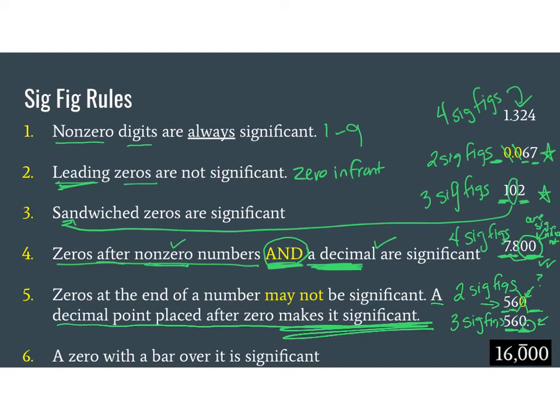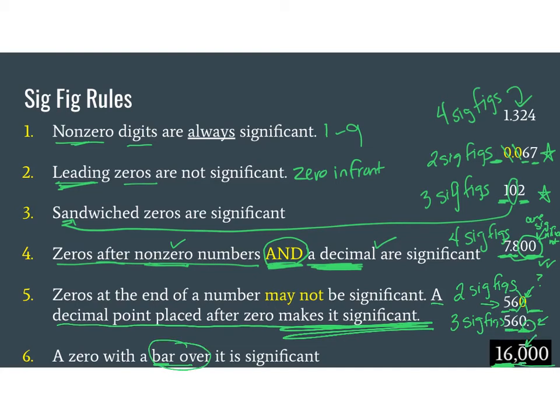Our last rule here is a 0 with a bar over it is significant. So here I have my value of 16,000. I know that the 1 and the 6 are both significant because they are non-zero digits, and we know that those are always significant. This rule states that a 0 with a bar over it is significant.